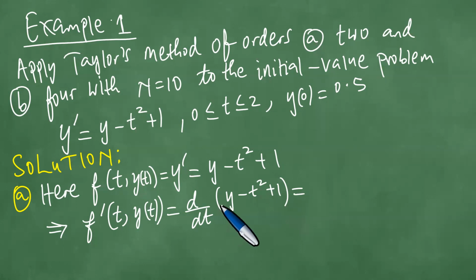What is this? If you differentiate now, this one is y primed minus 2t. Y primed minus 2t. So what is y primed? It is y minus t squared plus 1.